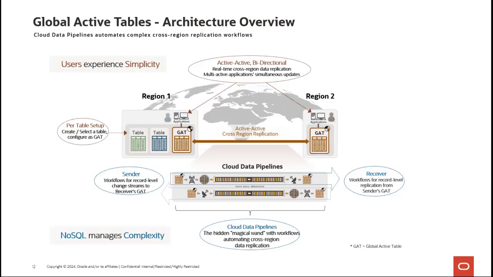Once we get them, we will then apply them. So there's a lot that's happening underneath the covers, but from the point of view of the user, what you see is simplicity, because we're the ones managing the complexity.